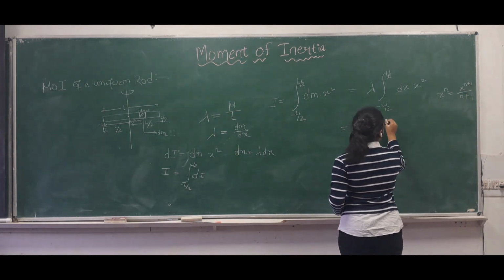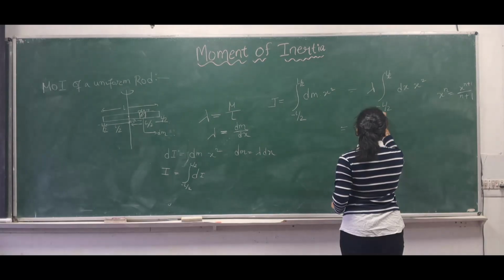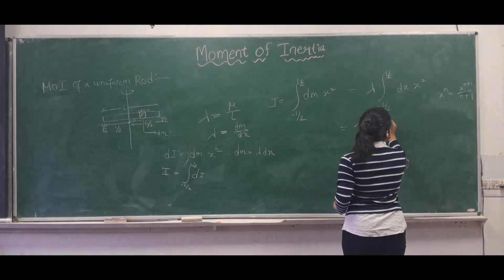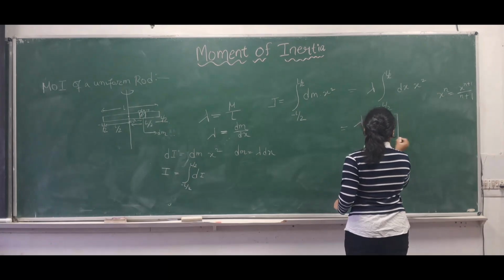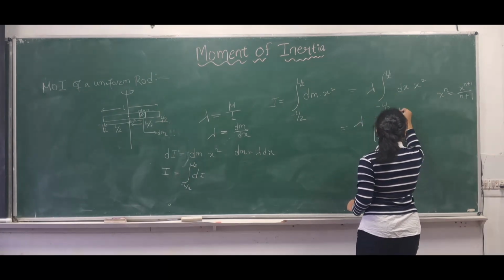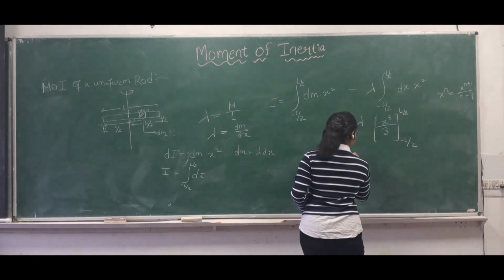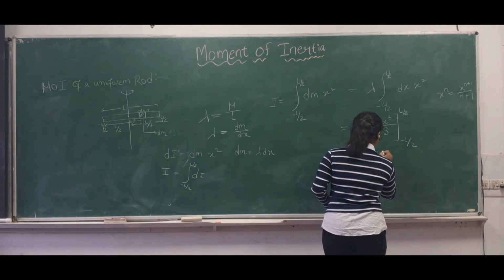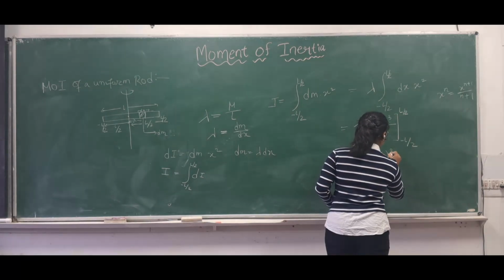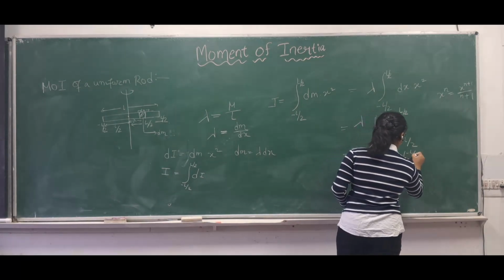Therefore, we get lambda by 3 times the difference of L by 2 cubed and minus L by 2 cubed.